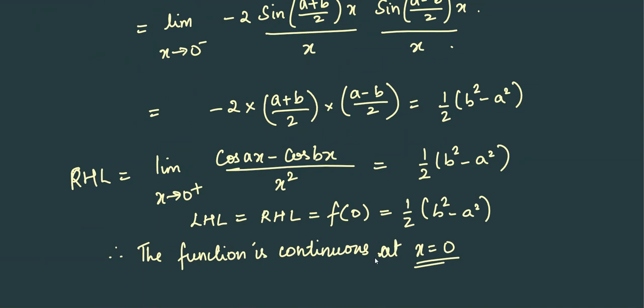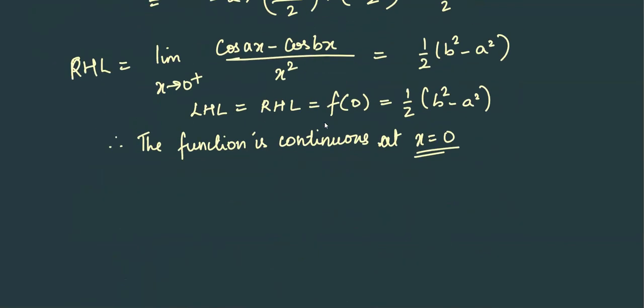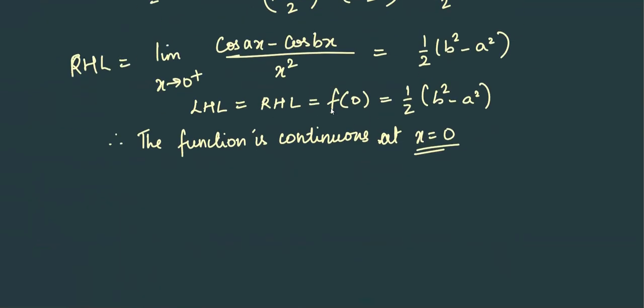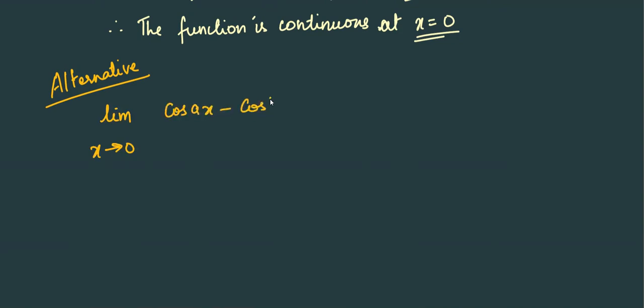Now what if you don't remember cos c minus cos d? Actually, we must remember, these are basic formulae, but what if we don't? So limit x tends to 0, either plus or minus, of (cos ax minus cos bx) upon x square.